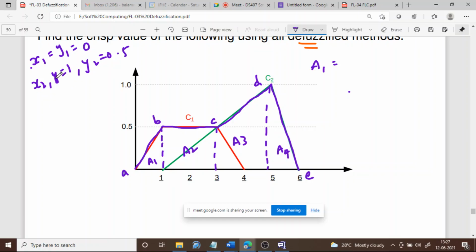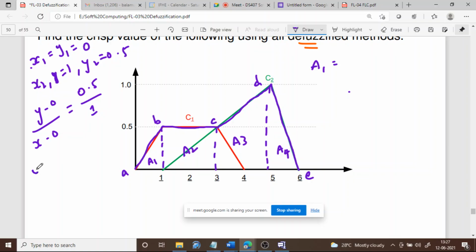Now if you plug into this equation, y minus 0 divided by x minus 0 is equal to y2 minus y1, that is 0.5 minus 0 is 0.5, divided by x2 minus x1, which is 1 minus 0 is 1. So 0.5 by 1 is 0.5.